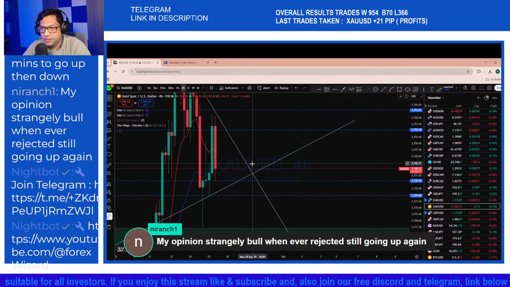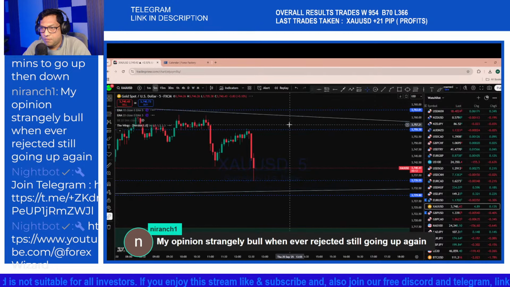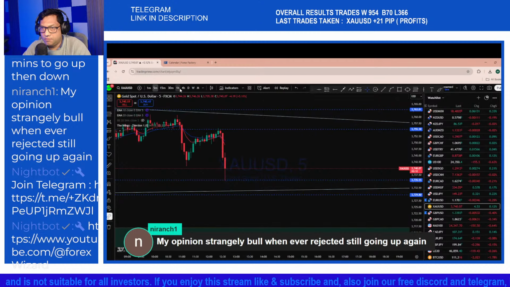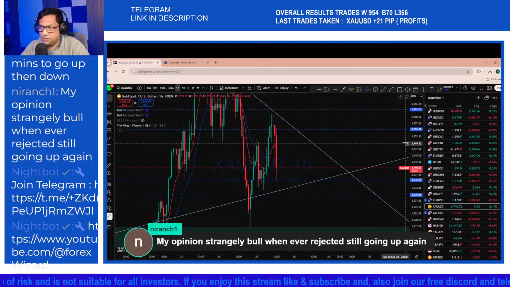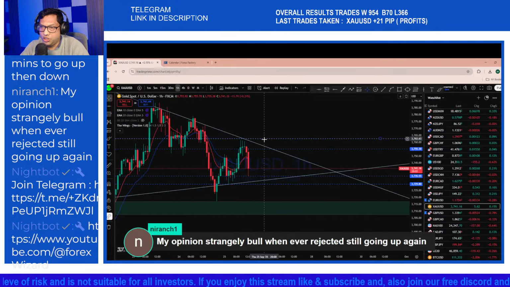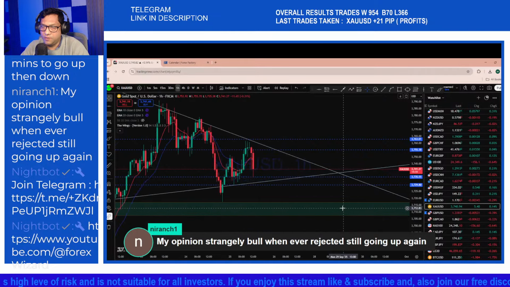Okay, so here the market is maintaining that downtrend, and what we are looking at here is for this market to potentially retest and then return again to the major direction of the trend.